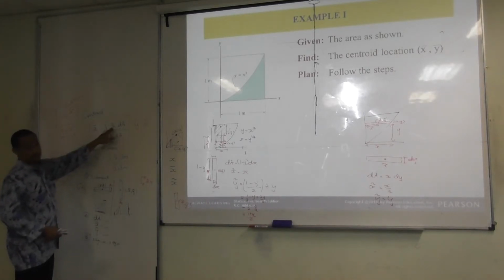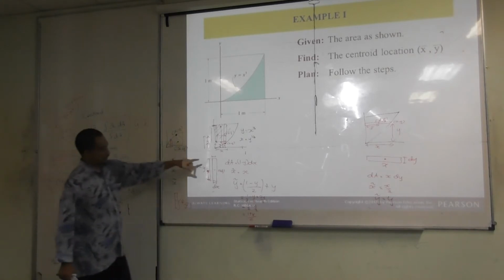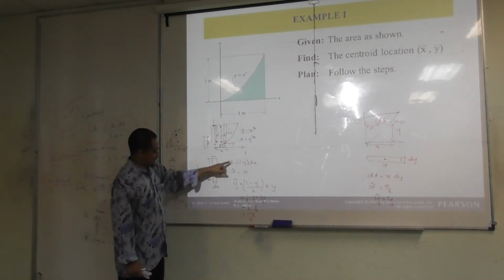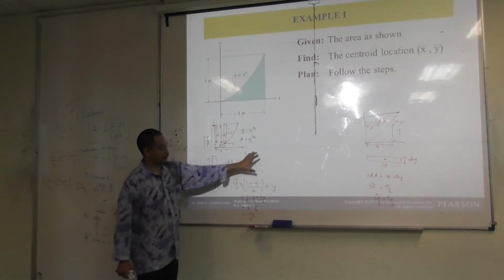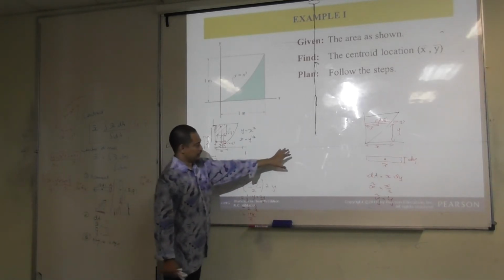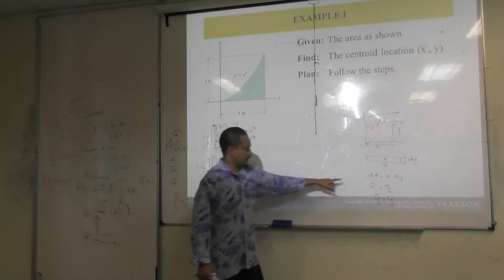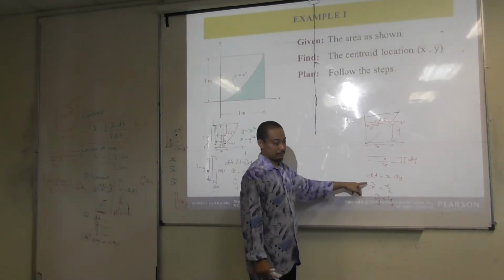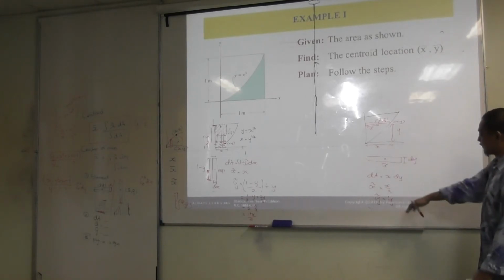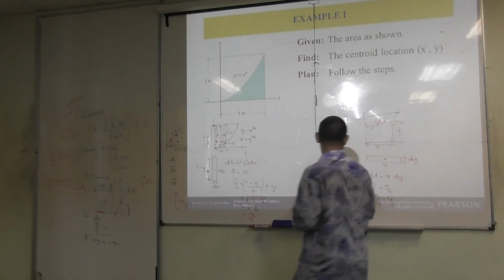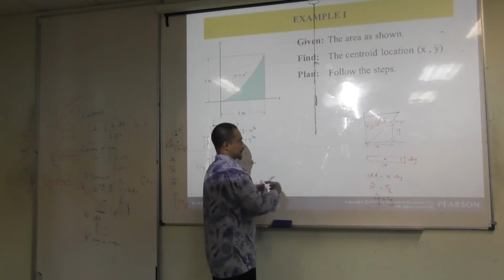For y will be y with dA here, right? So y will be more interesting because you have y and dA. Meaning when you combine this one, your integration equation will be a bit more complex, while this one will be quite simple. So we'll try to do this one first, on this part here. Okay, we'll do this part first.